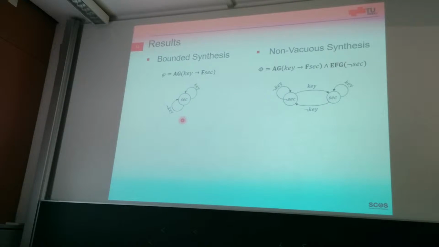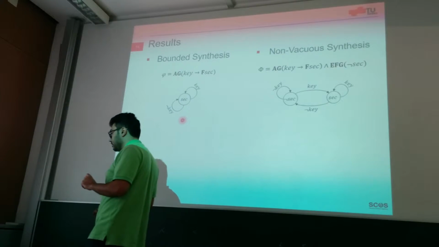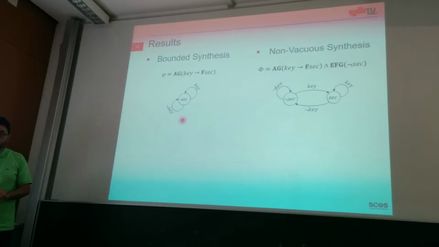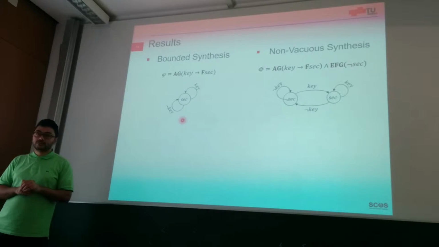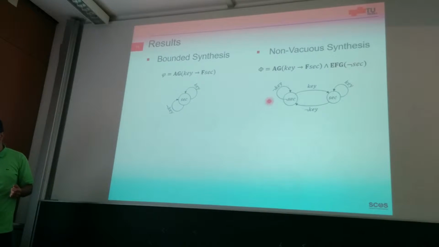And for non-vacuous synthesis, if you give it the same LTL specification, it will try to find interesting vacuity formulas for that LTL specification, enumerate all of them and conjunct them as existential path formulas with the original universal path formula and search for the better system, higher quality system, and we will end up with a system like this.